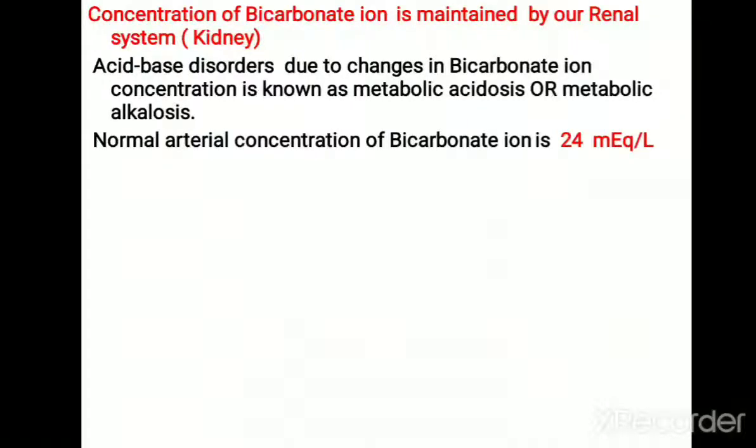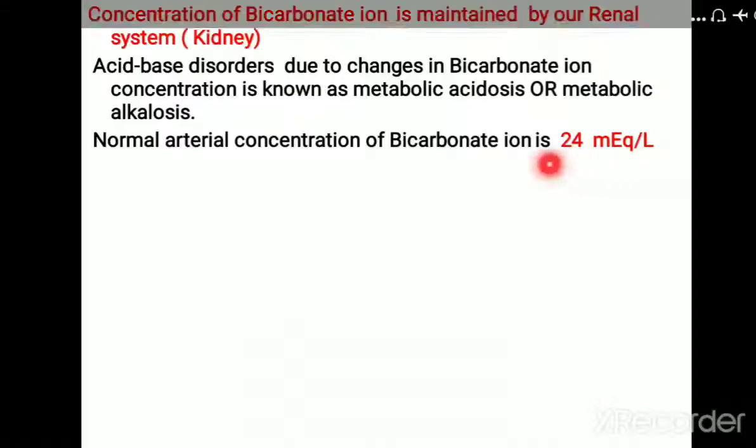So whenever there is a change in bicarbonate concentration, this will produce corresponding changes in the arterial blood pH. That type of acid-base disorder due to changes in bicarbonate concentration is known as metabolic acidosis or metabolic alkalosis. Then you should write the normal arterial bicarbonate concentration, that is 24 milliequivalent per liter.